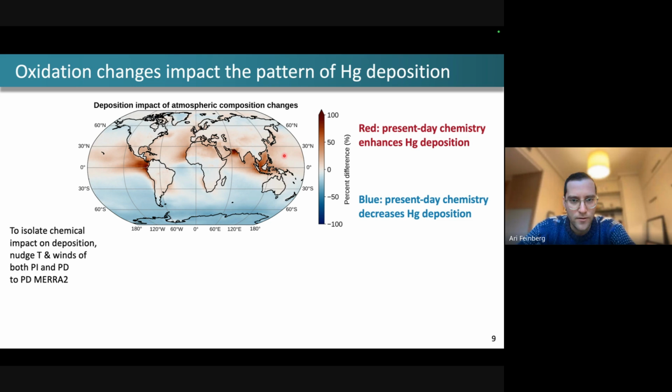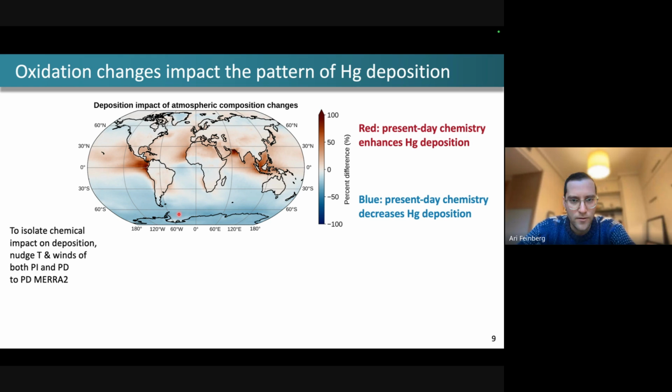And so what we see is that the red areas are where you have now more mercury deposition. So in that area where we saw the chemistry speeding up, more mercury gets deposited there in the tropics and subtropics, and you have less mercury deposited in the southern mid-latitudes.